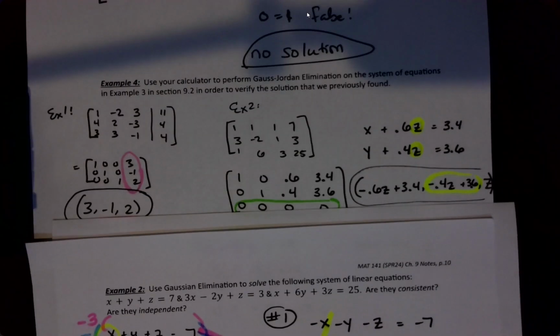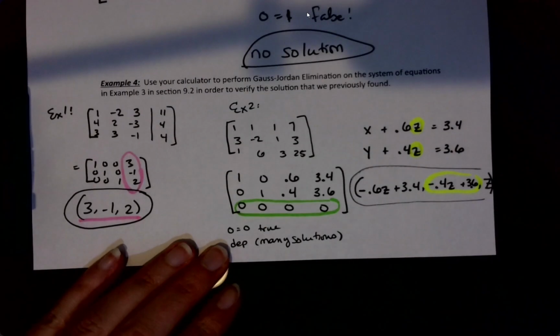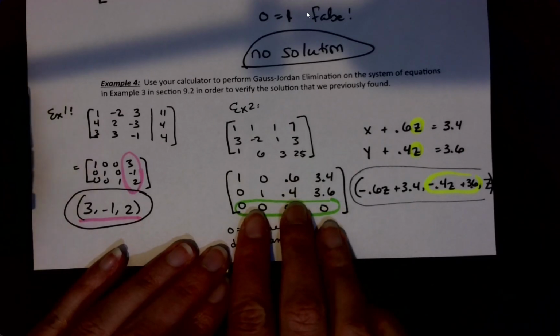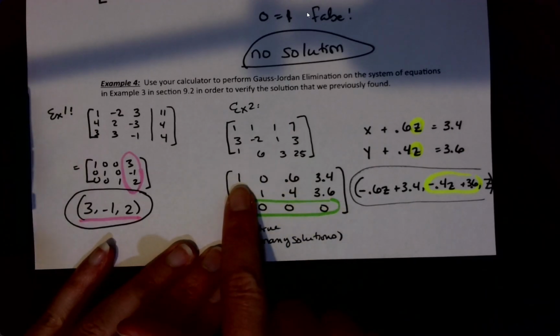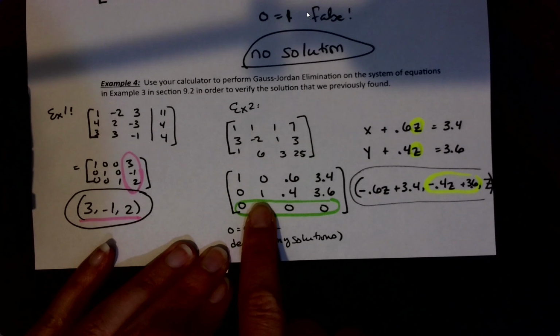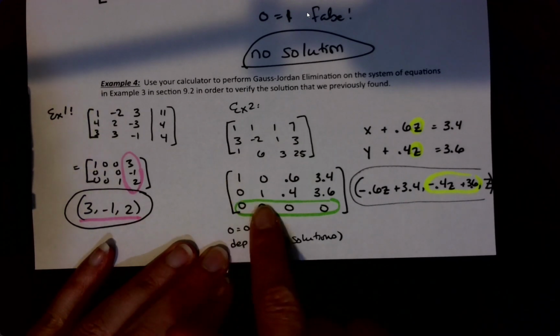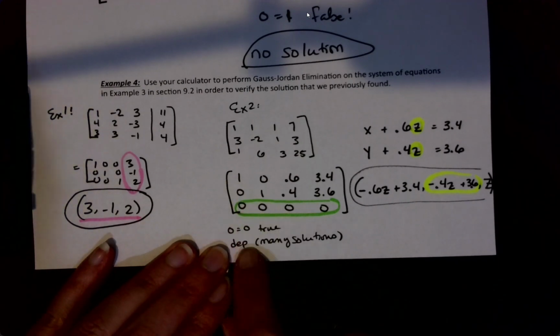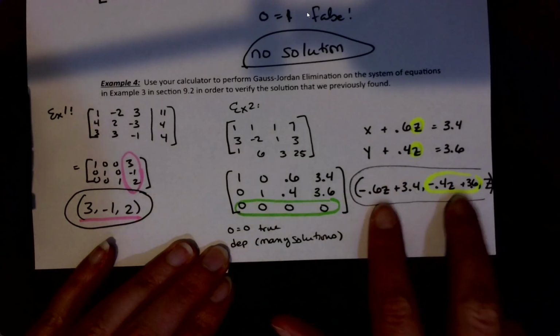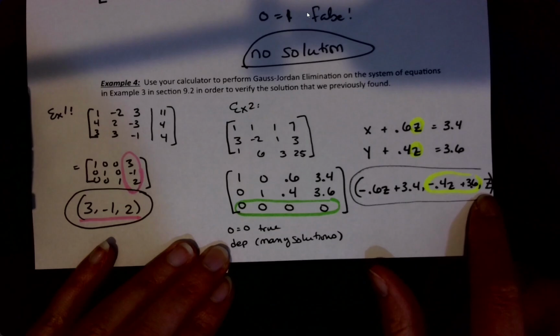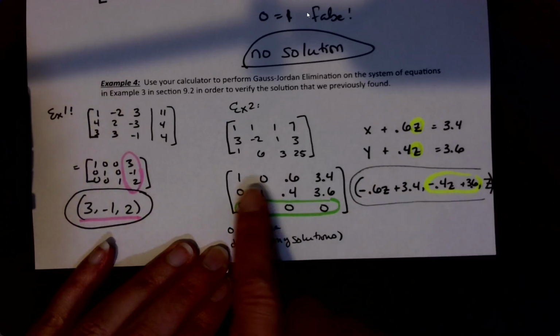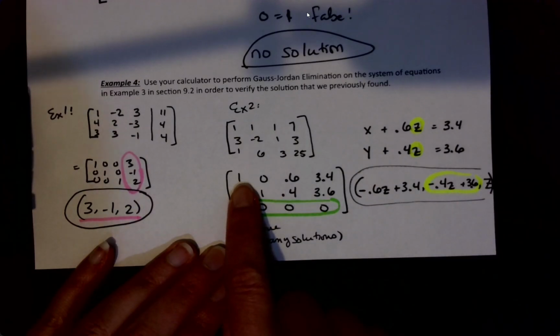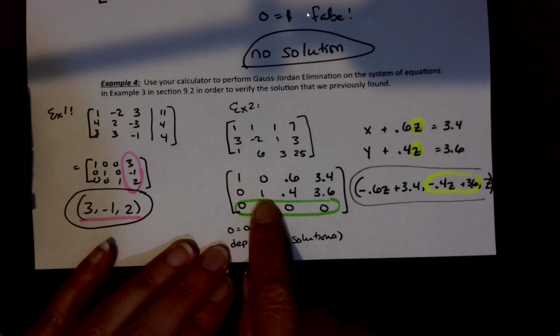When the calculator solved for it, the choice was forced by the code to try to get ones first along the main diagonal. So when the calculator does something like this, where it's got a dependent equation, you're, I would say, always going to end up with an equation that is in terms of z instead of terms of y or x, because it's going to try to get the ones in x and y because those are first.